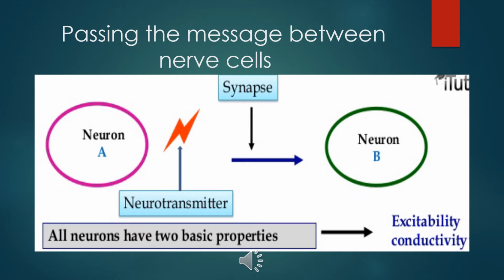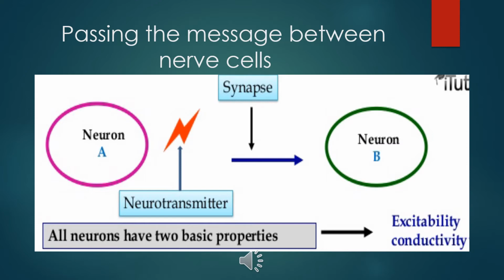In this slide, you can view the passing of messages between the nerve cells. Impulses travel from one nerve to another by a special link called a synapse. The branching end of one nerve cell lies very close to the cell body of another nerve cell. However, they do not actually touch.